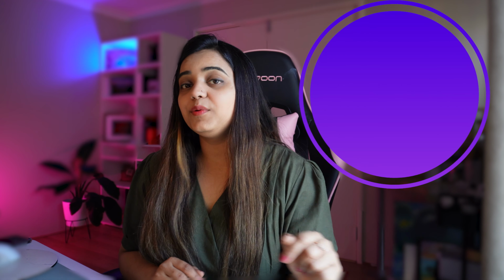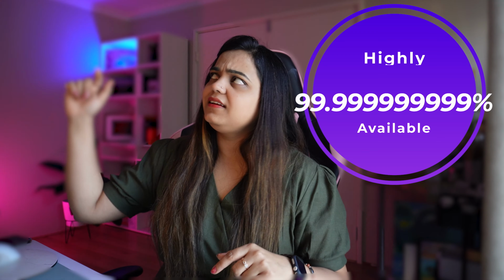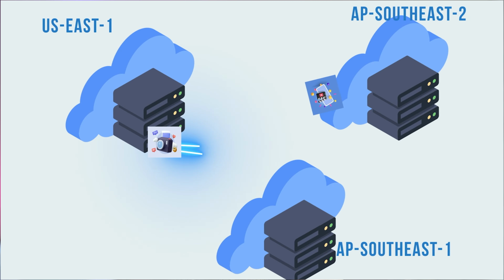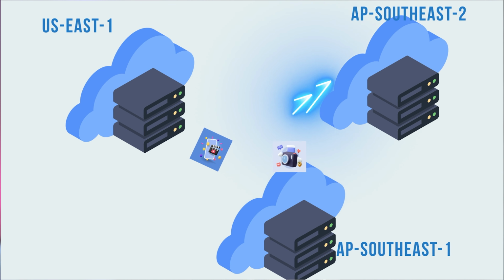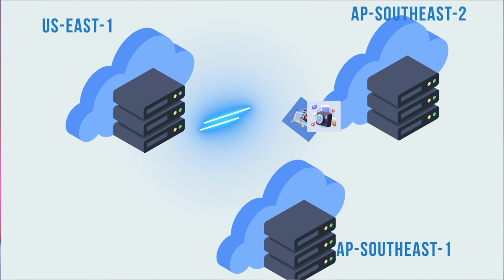And highly durable means 99.999999999% durable. AWS replicates your data in multiple regions. So if you are in one region and that region is not available, then you can retrieve your data from the other region. So it just replicates your data in different regions. That is why it is highly available and durable.